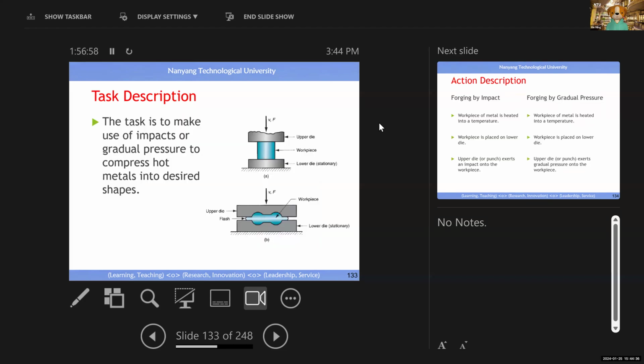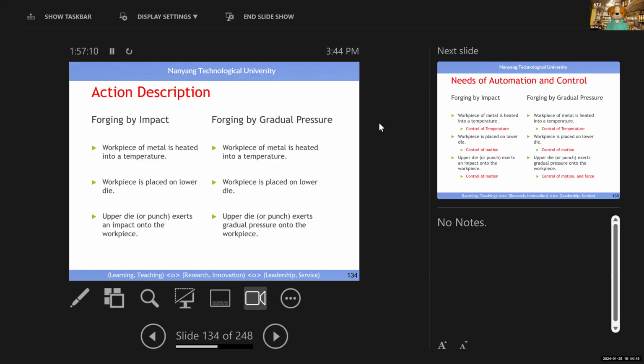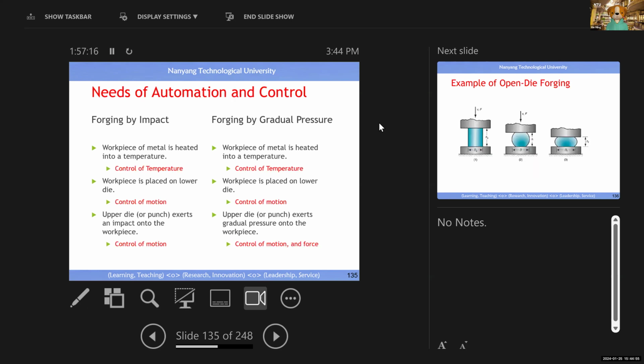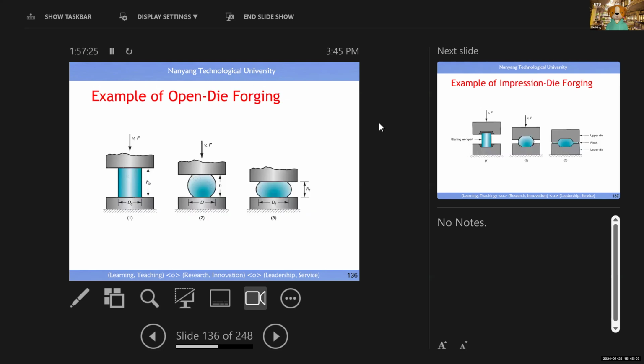Okay, it should be good enough for you to know. Through this forging process, we can also change the geometry of the input material into the desired output geometry, right? Then look at the action, impact, and gradient pressure, etc. But our focus is on temperature control, motion control, and force control, etc. So all these are opportunities for us to do automation, right?